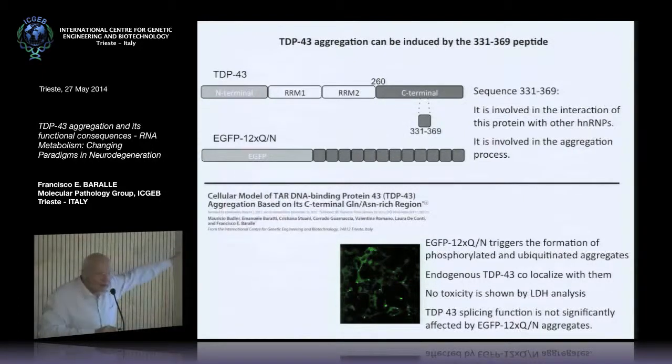If you look at genes that need TDP-43 to splice, they are working fine. If you transfect CFTR exon 9, it works fine. That's consistent with an inefficient capture of TDP-43. So we asked, why is it inefficient? We thought there may be something else in the TDP-43 molecule that helps this capture by the aggregates.